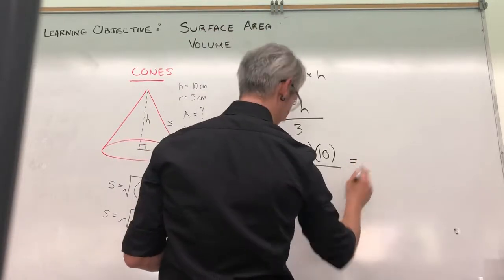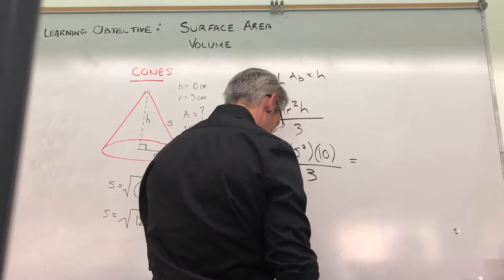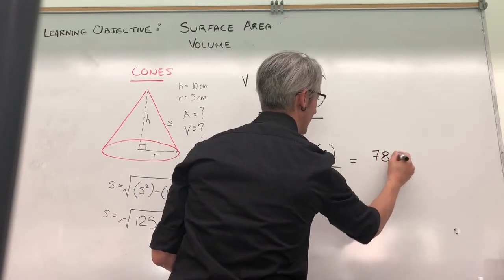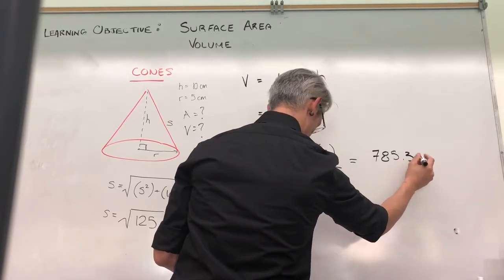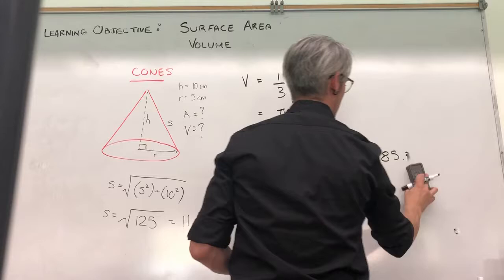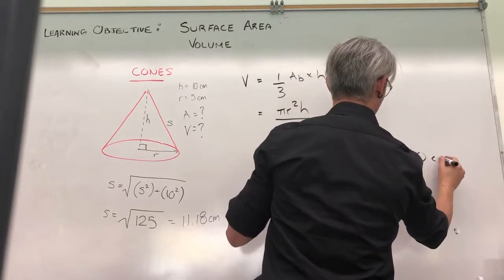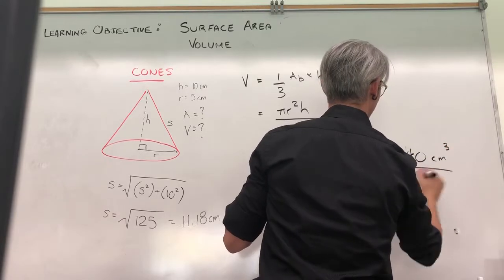So I'll do the top first. Pi times 5 squared times 10 is 785.40 centimeters cubed, divided by 3.